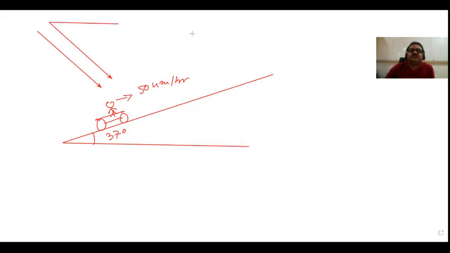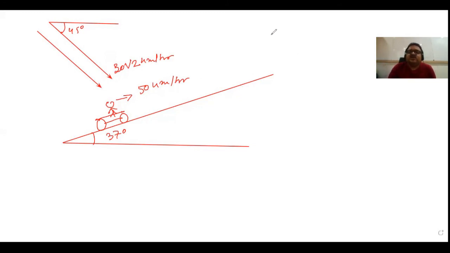Suppose rain is falling at a speed of, say for example, 30√2 kilometer per hour, and this angle is 45 degree. So the question is, in what direction should the man open his umbrella to protect himself from the rain?